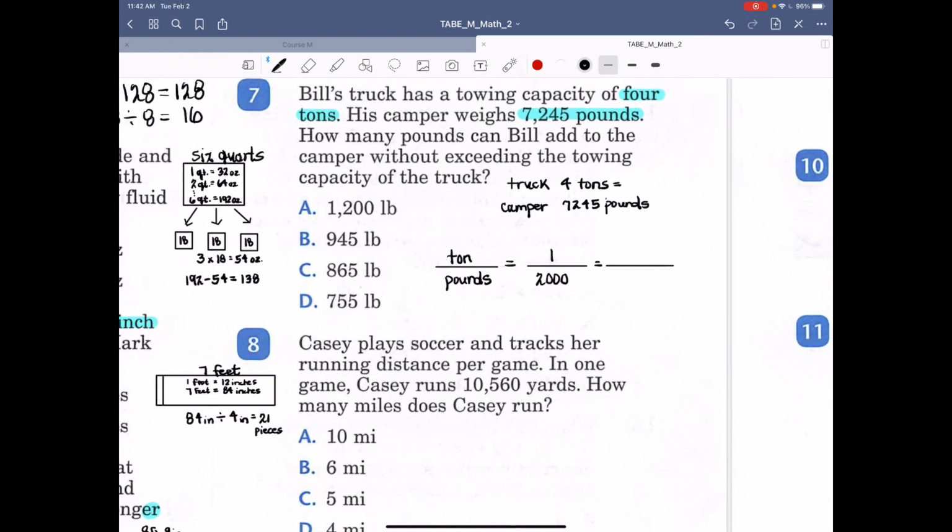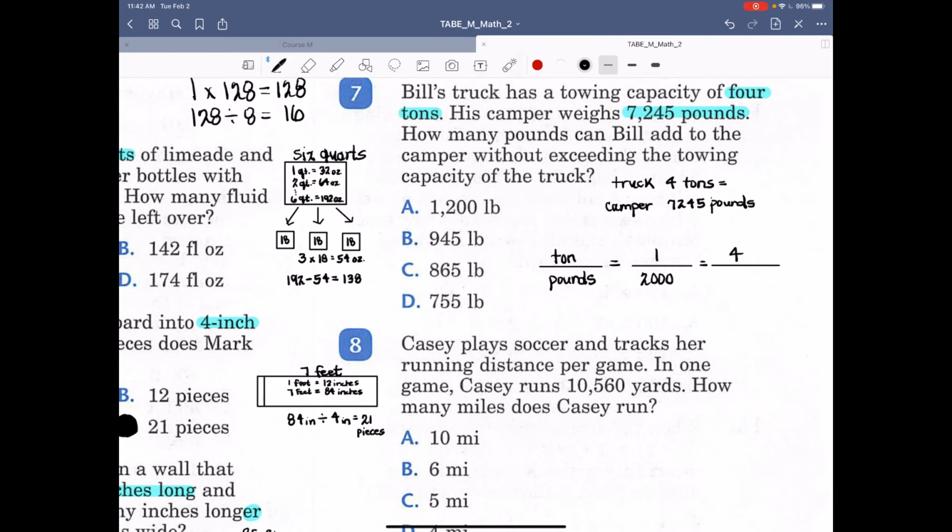And the truck is 4 tons. 4 times 2,000 is 8,000. 8,000 divided by 1 is 8,000. So the truck is 4 tons or 8,000 pounds. Those are 2 units that mean the same amount. So 8,000 pounds is the weight of the truck, or the towing capacity of the truck.